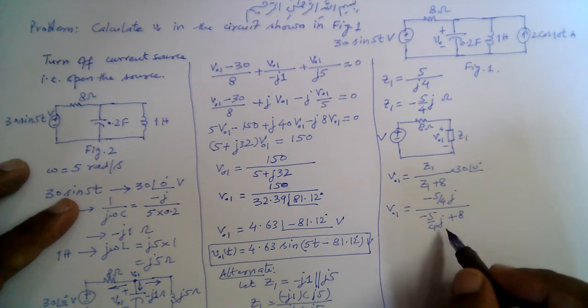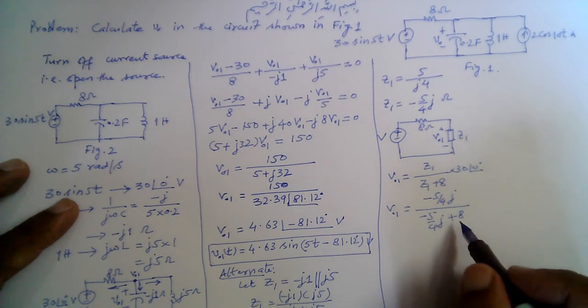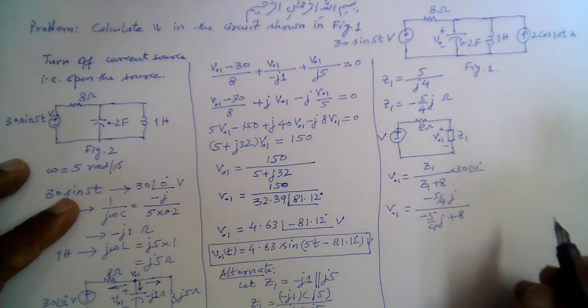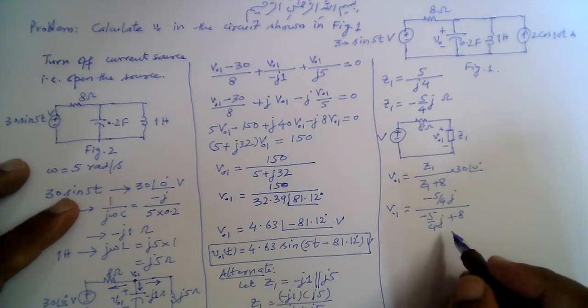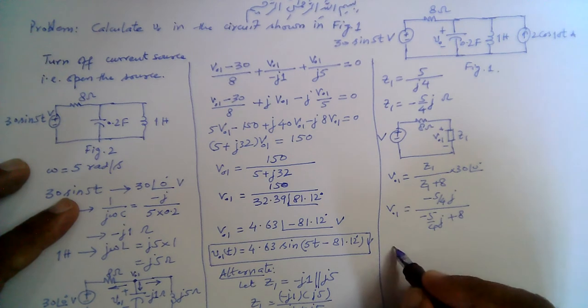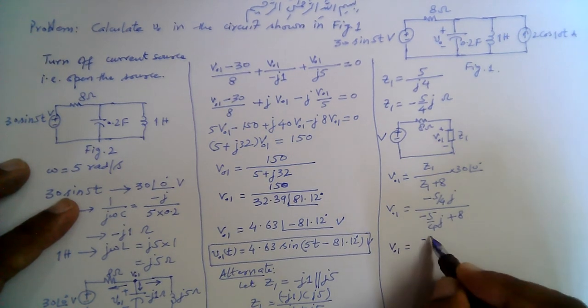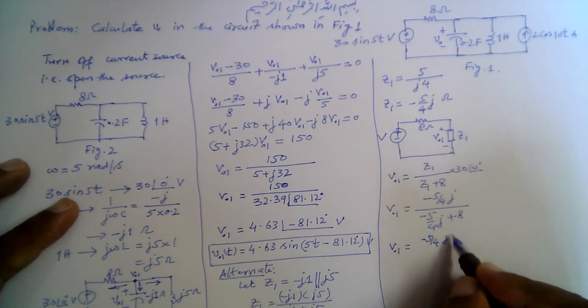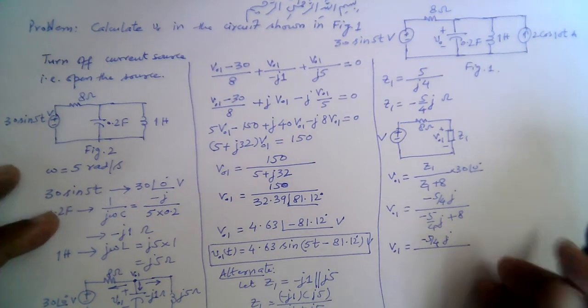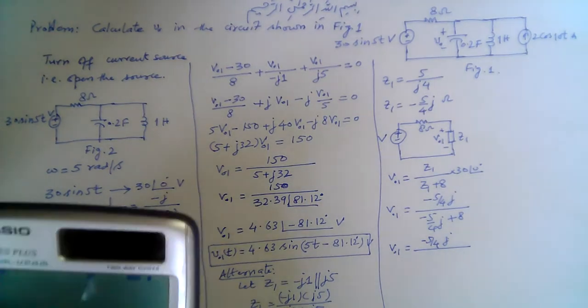So again, we have a rectangular number in the denominator, and we need to perform a division. So we are better off if we transform it into the polar form. So V01 is equal to minus 5 over 4 j divided by, let's transform this into the polar form.